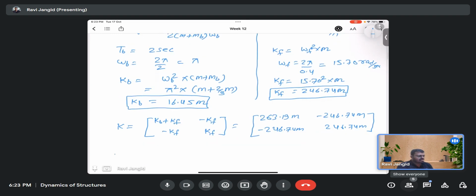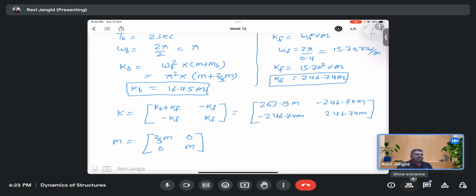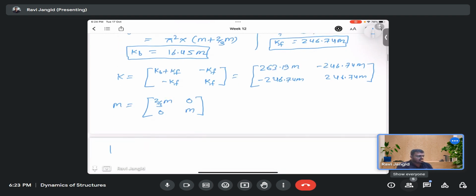And can you give me the mass matrix? That would be simple. 2 by 3 M, 0, 0, M. Okay. So can you find out the time period? We need to solve this, K minus lambda M is equal to 0.